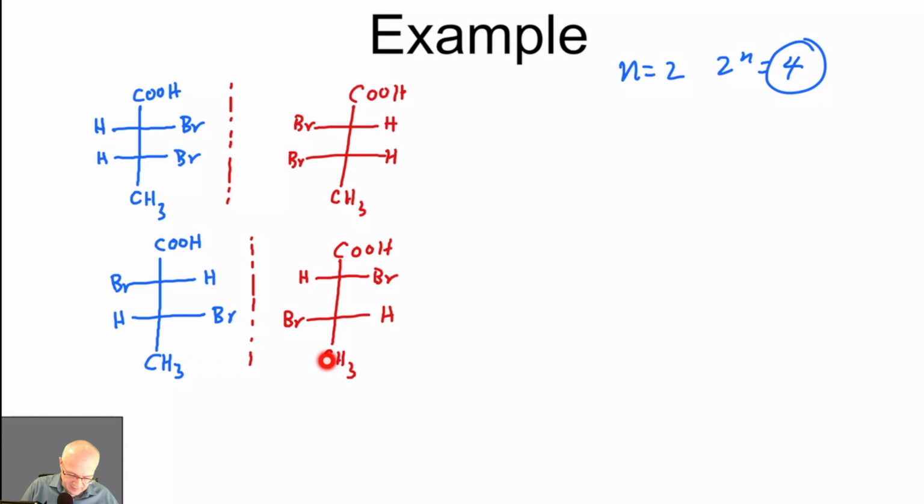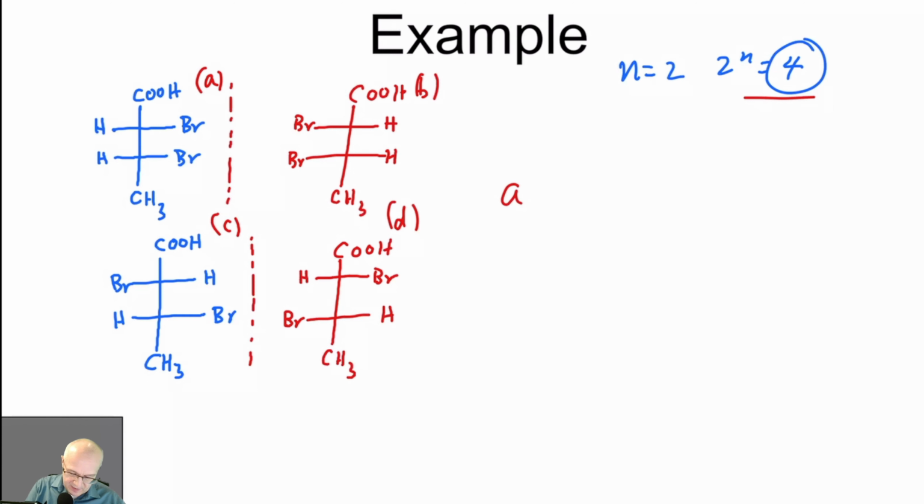So this and that are mirror images. They are not the same. They are mirror images that are non-superimposable. So let's call this A, B, C, and D. So these are my 4 stereoisomers. Like I predicted before, there are indeed 4.